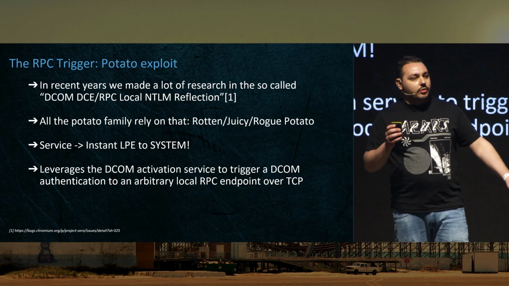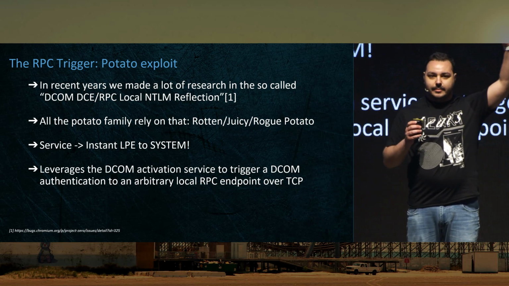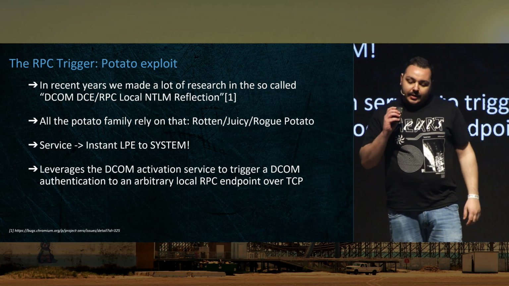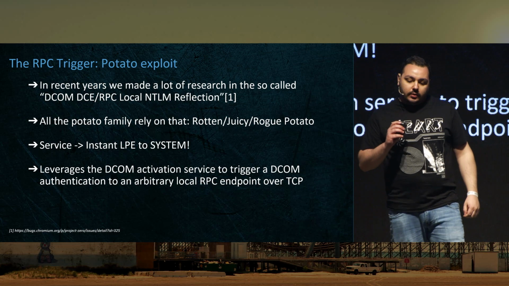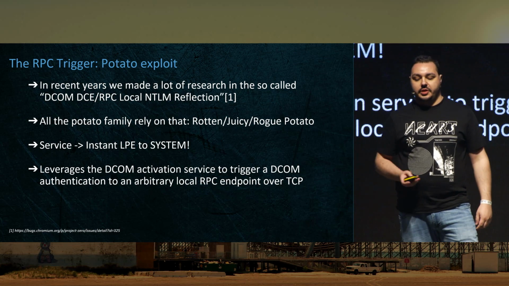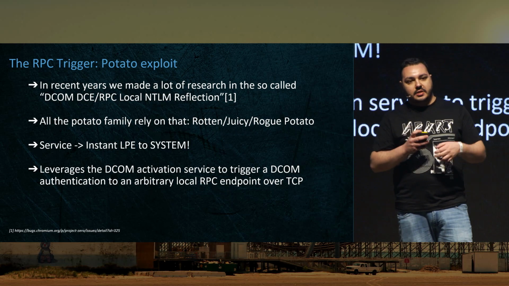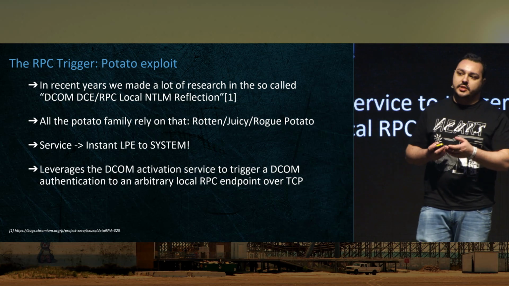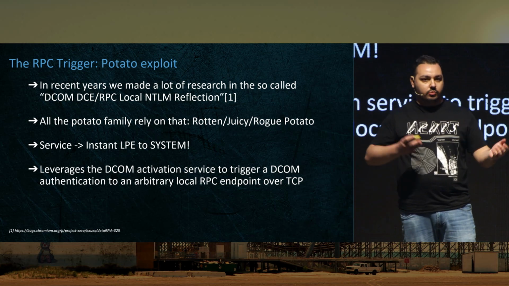How many of you know potato exploits? Oh, okay, very good. This is what triggers all these exploits, Rotten, Juicy, Rogue Potato, and these exploits mainly give you an instant local privilege escalation from a service account to SYSTEM.